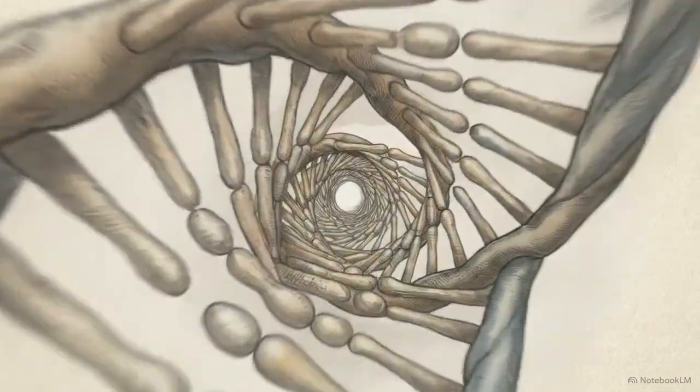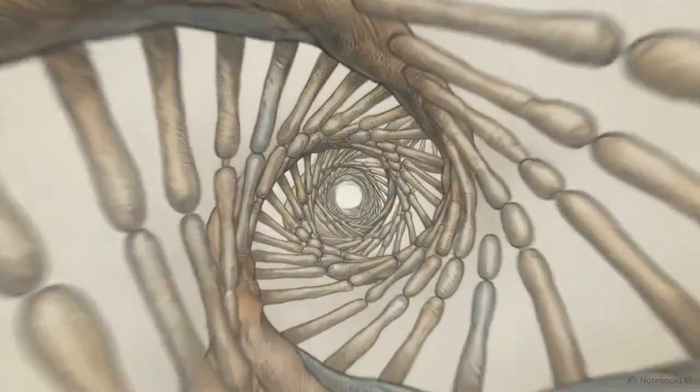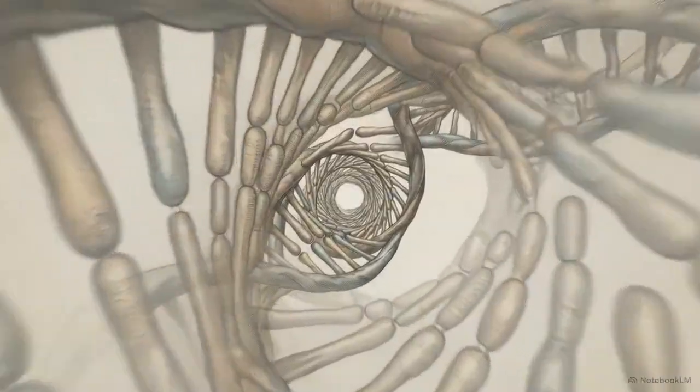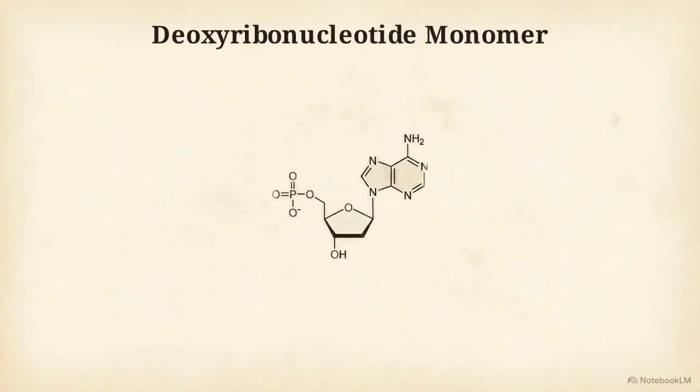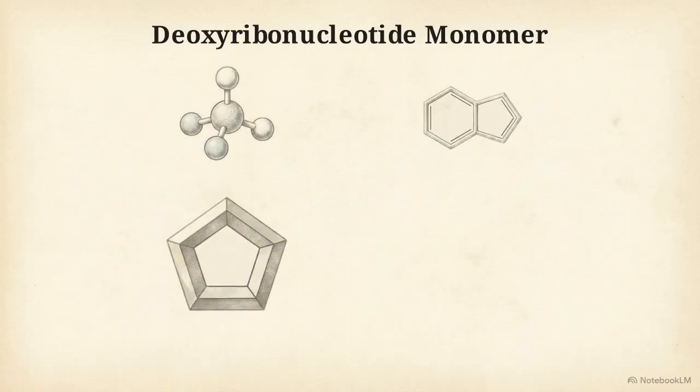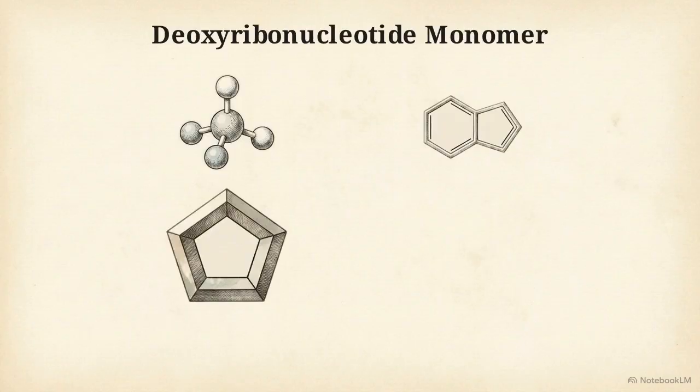We can only map how the cell achieves this by deconstructing the atomic architecture of DNA from the ground up. The fundamental building block of this genetic vector is the deoxyribonucleotide monomer. It is built from 3 distinct chemical components: a pentose sugar, a nitrogenous base, and a phosphate group.